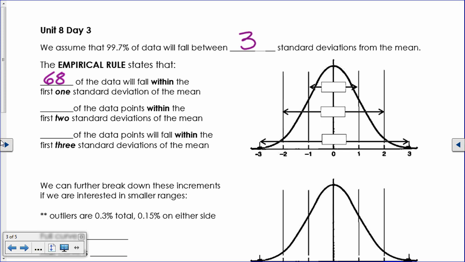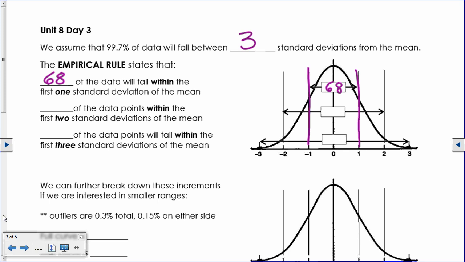So if you have colors, that might be helpful for you. What I'm talking about is between here and here, that's going to be 68% of the data. So if you want to use some color coding, between -1 and 1, that's 1 standard deviation from the mean. 68% of your data points will be within that little window. Okay?